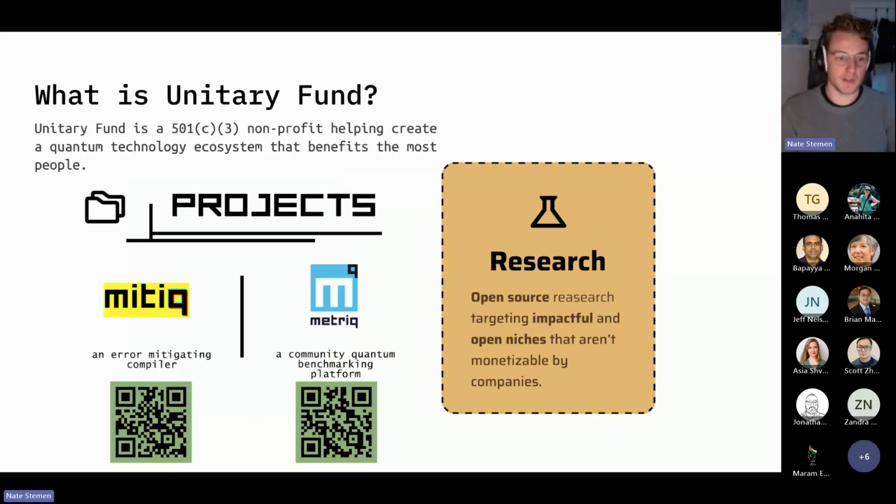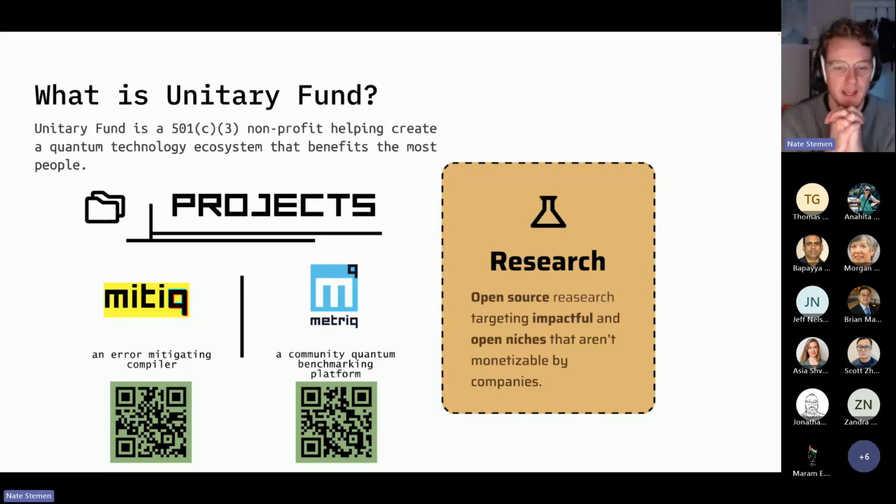Starting with our research, we have two main projects. We have the Mitiq project, which is mostly what I work on, and it's a toolkit to help you run your quantum computer with fewer errors. And then we have another project called Metriq. You'll notice that basically any open source quantum project that you come across is probably going to have a Q smashed into its name somehow, and we're no stranger to that.